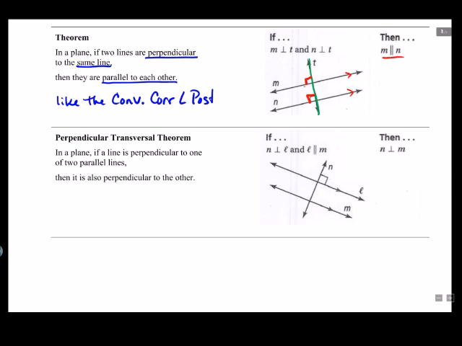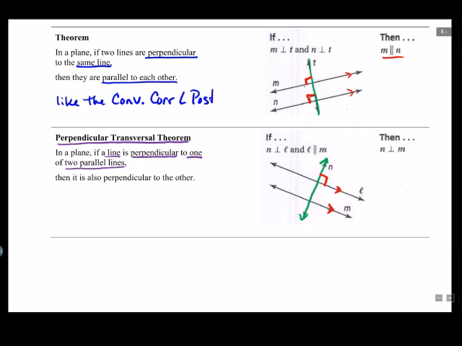And the next one is similar. Our perpendicular transversal theorem, this one has a name, says that if a line is perpendicular to one of two parallel lines, so let's look at our diagram here. Here's our transversal. Line L is perpendicular to line N, and we know that L and M are parallel.